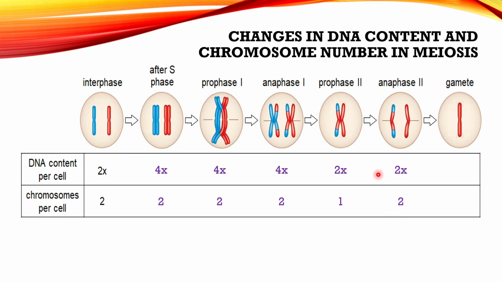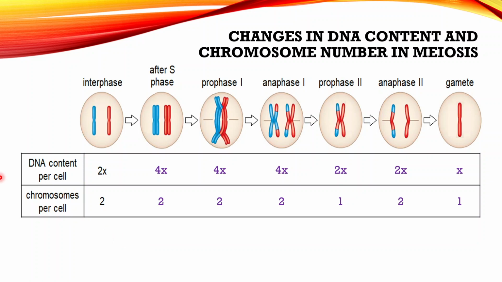But no change to the amount of DNA because it's still the same amount, as you can see in the diagram. Then there will have been your telophase 2 and cytokinesis 2 to form the gamete. So for each gamete, there's only 1 chromosome and x amount of DNA, which if you compare back to the original cell would be halved for both the DNA content and the number of chromosomes.